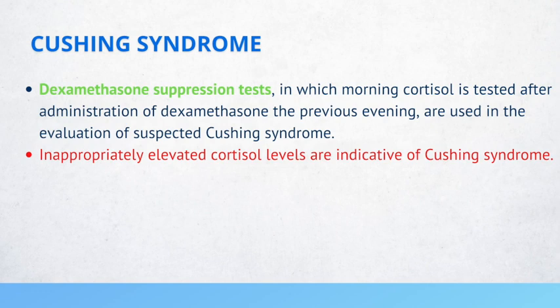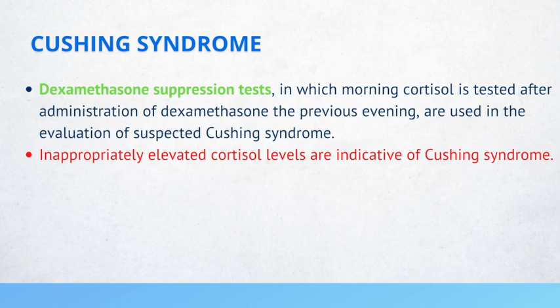Physical exam may reveal muscle wasting, central obesity, hypertension, hirsutism, purple striae, moon facies, buffalo hump, and hyperpigmentation if there is high ACTH. The skin may also bruise easily.